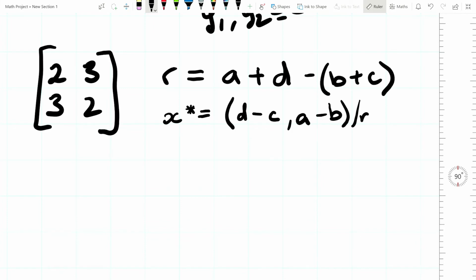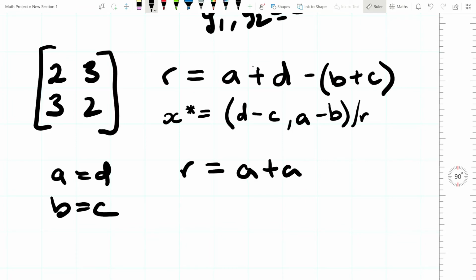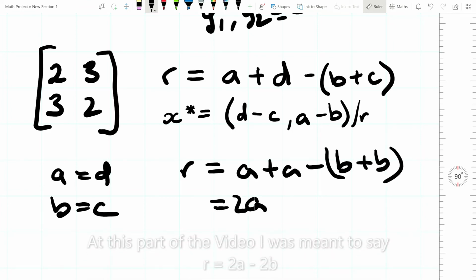R equals A plus D minus B plus C. Now, if we have A equals D and B equals C, we can immediately set this as R equals A plus A minus B plus B, which gives us 2A minus 2B.